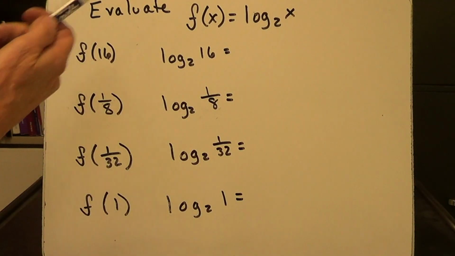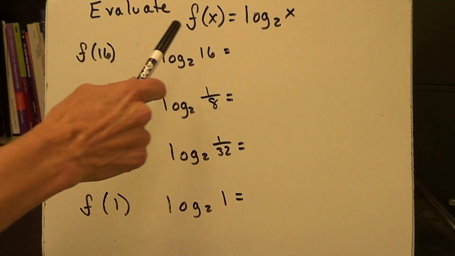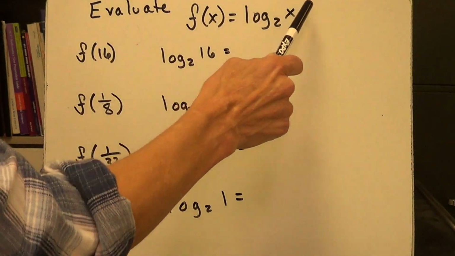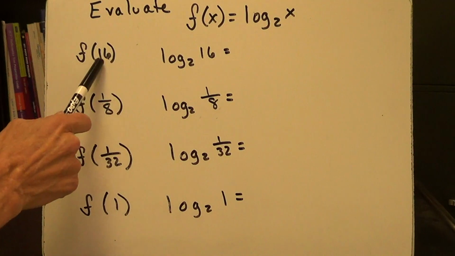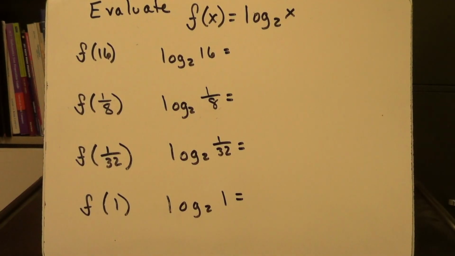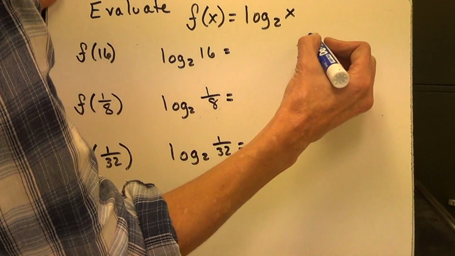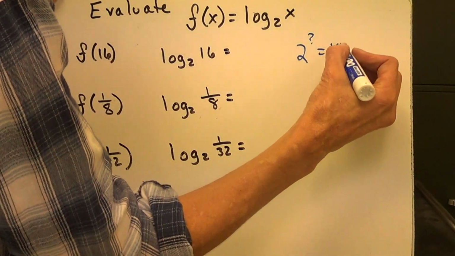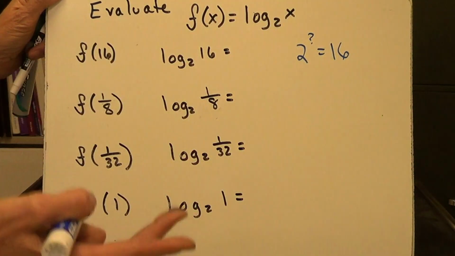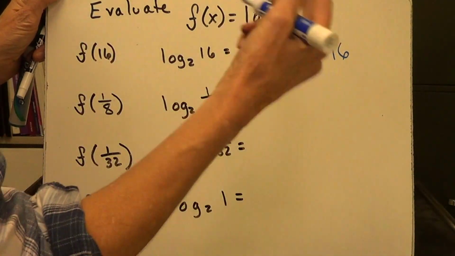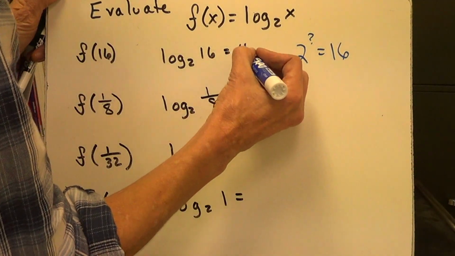So now we're going to evaluate a few. We're given the function f of x equals log base 2 of x, and they're saying plug in 16 for that. In my mind's eye, what I'm saying is 2 to what power equals 16. And I would just count it out. 2 times 2 is 4, times 2 is 8, times 2 is 16, so it would be 4.